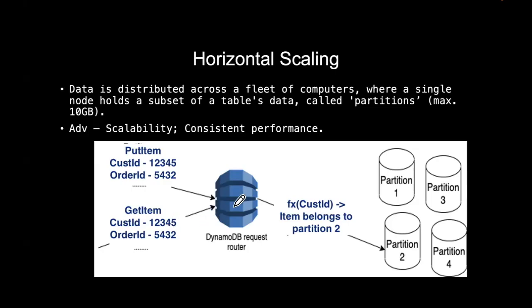Again, what DynamoDB does is it takes the partition key value, puts it through this special hashing function. It will return, let's say, partition 2, because it's that particular customer ID value, and it will retrieve that item from that partition.